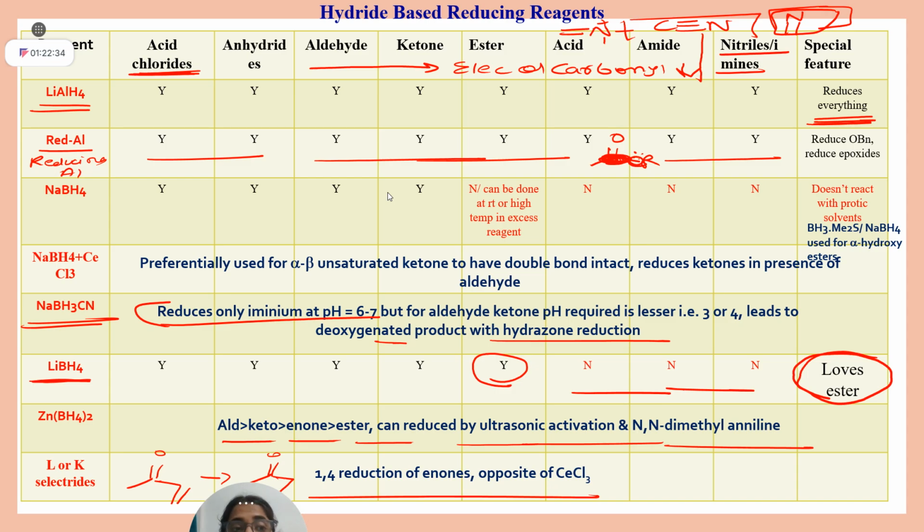Now, homework from this slide is you have to tell me in the next class why LiAlH4 is a more reactive reducing agent. Reactive means it can reduce everything, more than your sodium borohydride. Let me tell you the factors behind it, but you have to tell me in detail in the next class. In your LiAlH4, your counter cation is Li positive and below it is sodium positive.